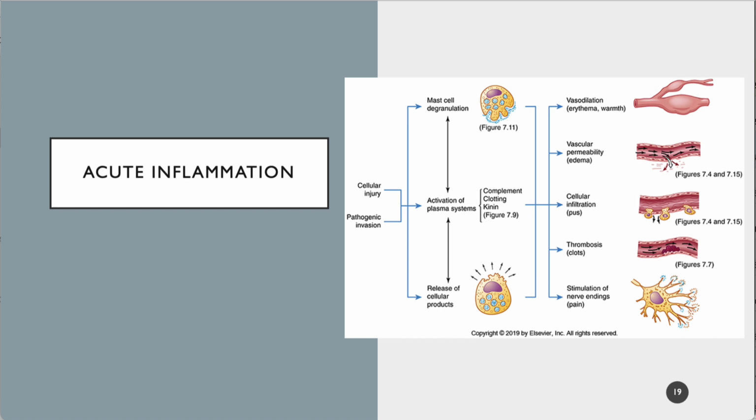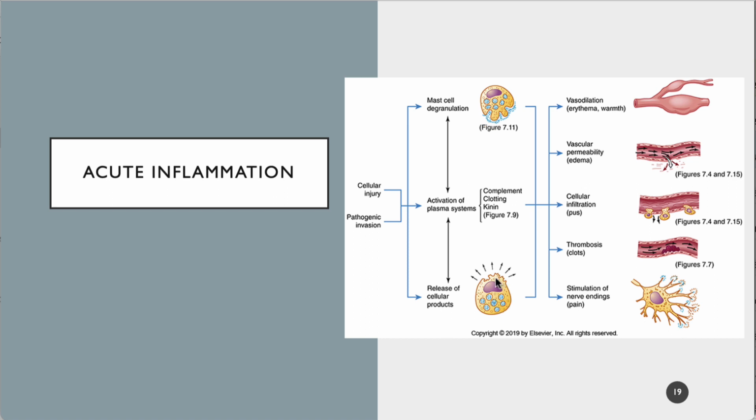So how do we do that? Well, the inflammatory process really starts with cellular injury or some invasion of a pathogen. And then that does these three things. One, it causes degranulation or explosion of these mast cells, right? So these little bodies contain histamine, and that gets released.